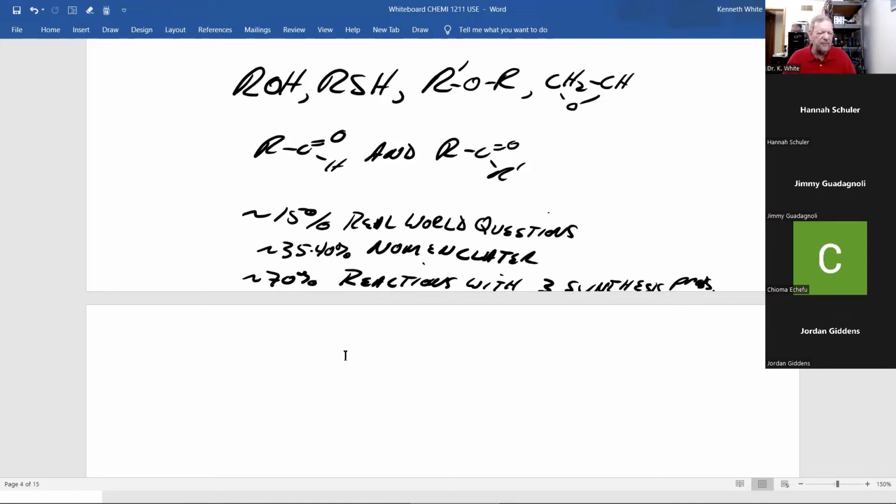I think it's 9 pages. I forgot how many problems. I've got to finish writing it up. But historically, about 15%, give or take, some real world questions, about 35, 40% nomenclature. Nomenclature, 2 types. One type is, here's the molecule, give me the IUPAC name.